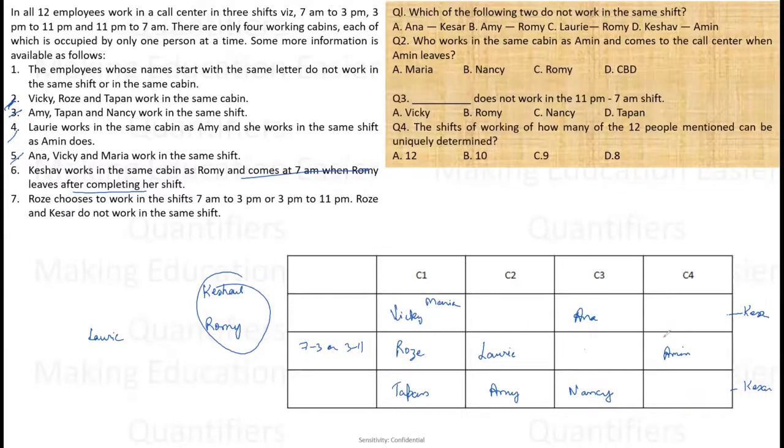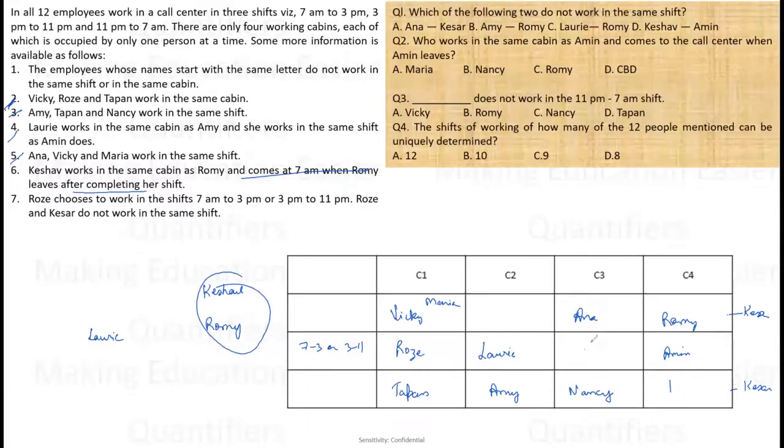If Kesar has to come between these two, then Kesar cannot be here, and Rumi cannot be here. So let's keep Rumi here. Now, if I'm keeping Rumi here, I will keep Keshav here. Then again, I don't have any space for Kesar. Right? I don't have any space for Kesar. So if Rumi is here, then Keshav is here, then Kesar again not possible. Right? Because Maria also has to be accommodated, which means this is not giving me any plausible combination.